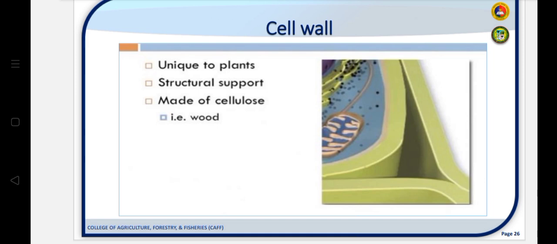The cell wall is made of cellulose, the same material that makes up wood. So, the cell membrane is the flexible gatekeeper found in all cells, while the cell wall is the rigid support structure found only in plants. Together, they protect and support the cell in different ways.